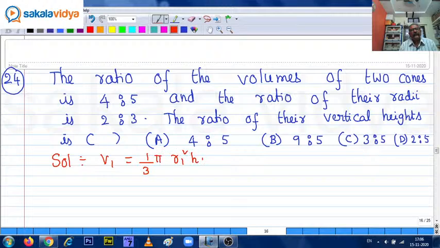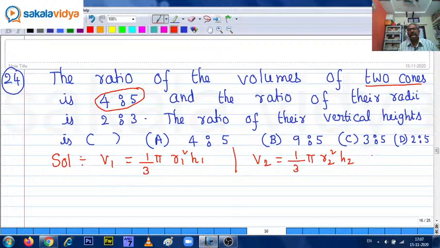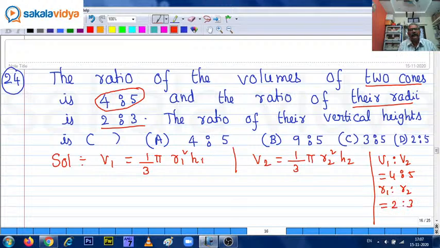V2 is 1/3 pi r2 square h2. Why should I write like this? Because both are cones only. And what is given? The ratio of the volumes, V1 is to V2 is 4:5. The ratio of their radii is also given, R1 is to R2 is equal to 2:3. And the ratio between h1 and h2 we need to find out.